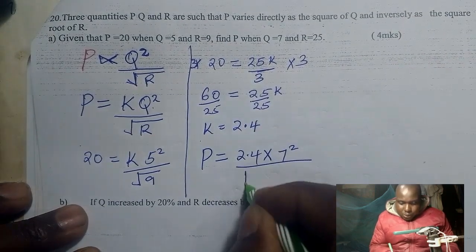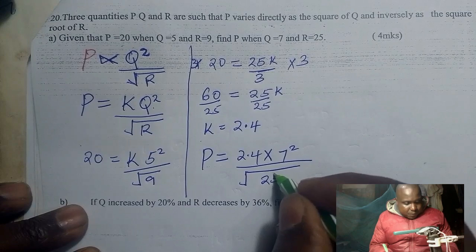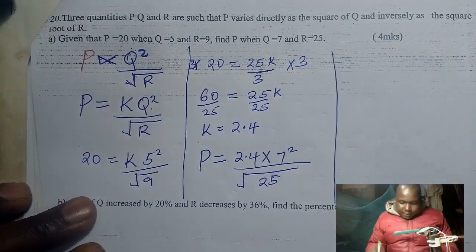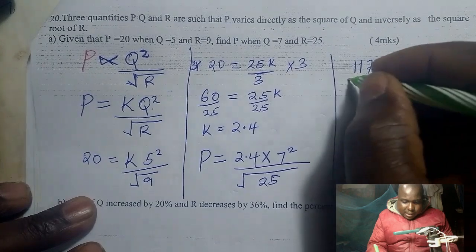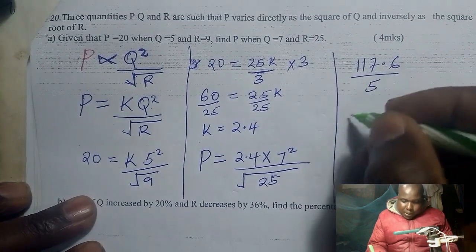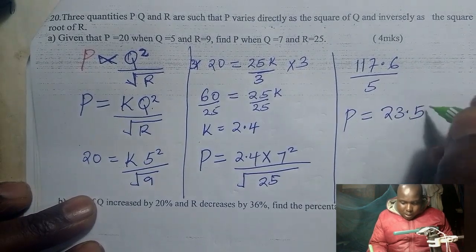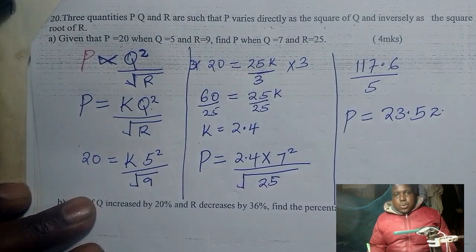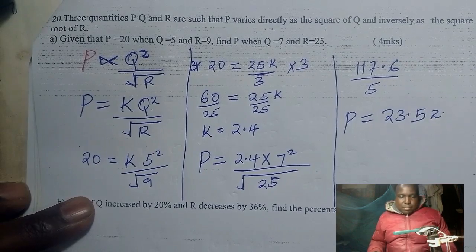We divide by the square root of 10. This one is 117.6, divided by the square root of 10. And P will be 23.52. As simple as that, you get your 4 marks.